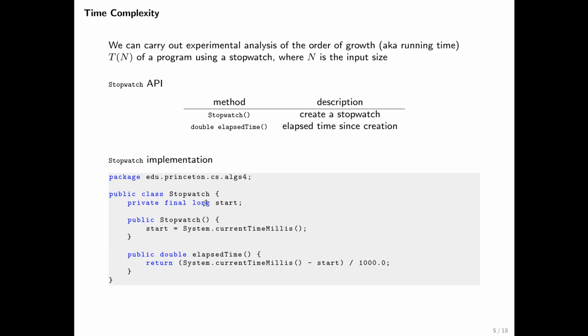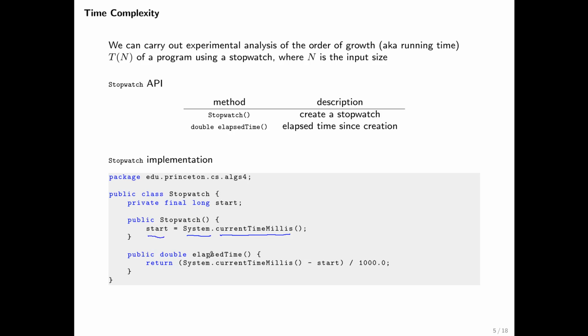Okay, so that makes stopwatch an immutable data type. All right, so what are we doing in the constructor? Well, in the constructor, what we do is we get the current time in milliseconds by making a call to the static method inside of System. So that returns the current time in milliseconds, which we simply assign to the instance variable start. Okay, so that's the constructor.